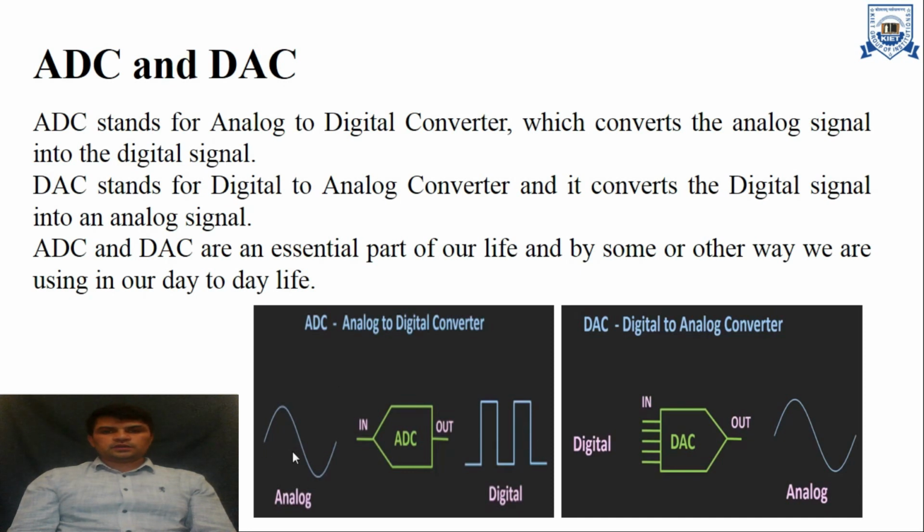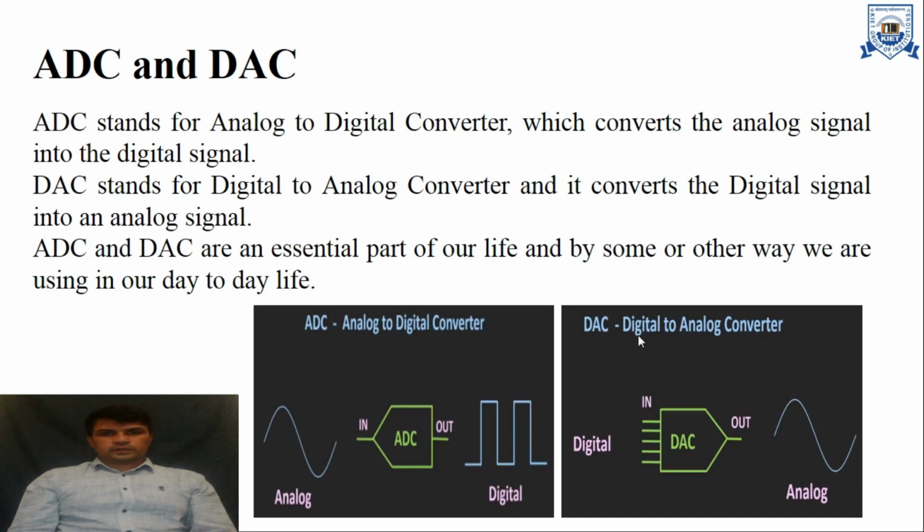We have an analog signal, like I am communicating with you, like I am generating a sound which is an analog signal. ADC converts it to a digital signal like this.